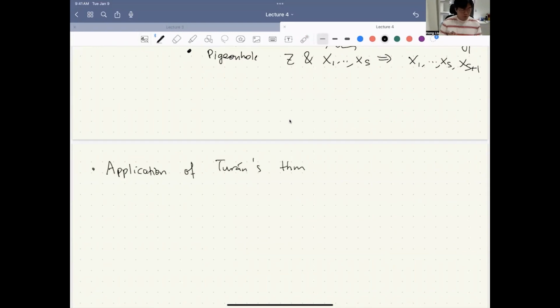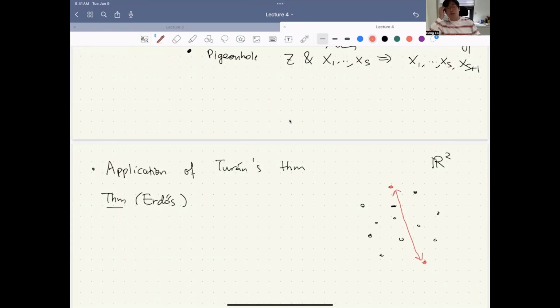A geometric problem. This is a theorem of Erdős. It says we have some arrangement of points in the plane, so we are in R². You have some arbitrary arrangement of points. The only requirement is that the longest pair, the diameter, let's say these two points are the furthest pair of points in this arrangement, the diameter is at most 1.